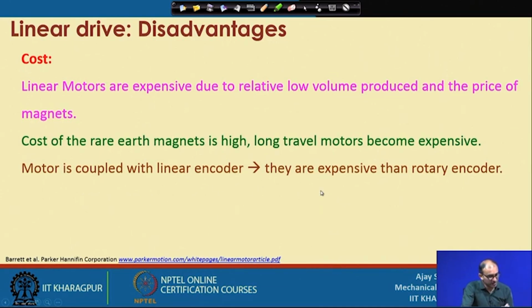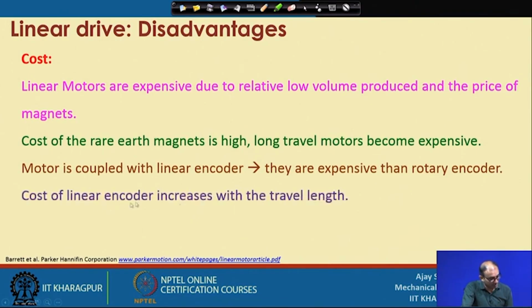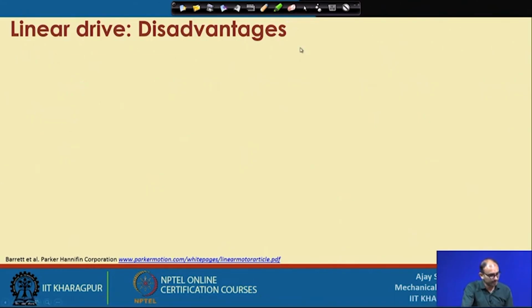This is why linear encoders are very expensive compared to rotary encoders. Again, the cost of the linear encoder increases with the travel length. So, if you increase the travel length, two things happen: the cost of the magnet increases, and the cost of the linear encoder increases. So, cost is a big issue for acceptance of this linear drive for different applications.